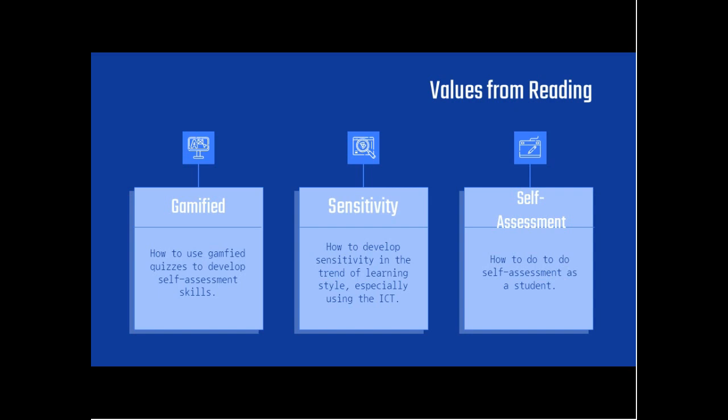Students and teachers will learn how to use technology for the learning and teaching process, so they can improve their technology literacy. Third, self-assessment: how to do self-assessment. Students can know what self-assessment is after they know about their ability.